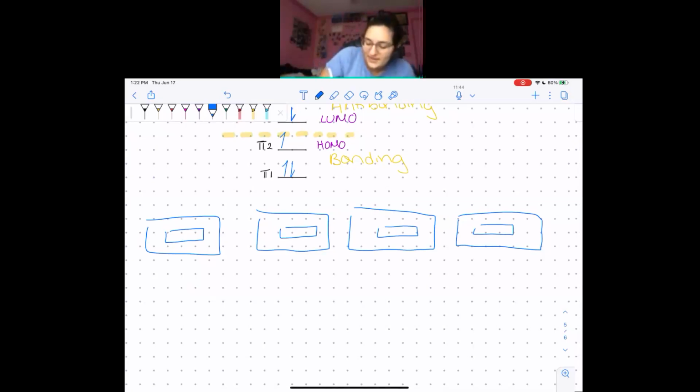And so this basket is pi 1, this basket is pi 2, this basket is pi 3, and this basket is pi 4, right? And we know that pi 2 and pi 3 are special baskets, so we put a special HOMO sticker on pi 2, and a special LUMO sticker on pi 3, right? So now we have our 4 baskets. We're going to throw 2 balls in here and 2 balls in here.